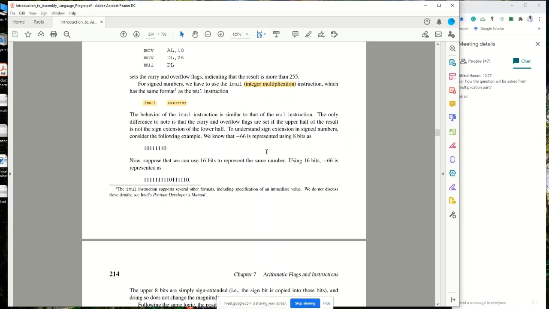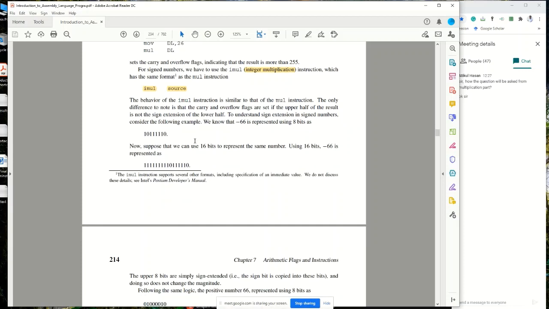Okay, so we have to make it either 8-bit, 16-bit, or 32-bit, and then take the 2's complement, and the result of the 2's complement is the negative number of that positive number. So let's consider this is one number which is minus 66. We can convert this 8-bit minus 66 into 16-bit minus 66 this way, just adding 1111 because this is a negative number.